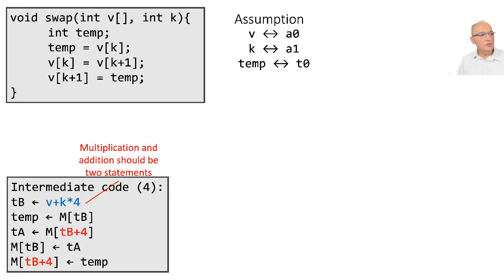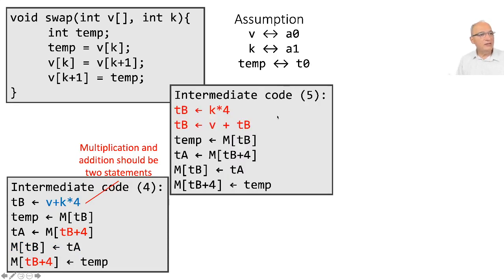So what I'm going to do now is write the value of k times 4 into TB, and then add the value of v to it, to get a new value for TB. I don't need yet another different temporary variable, although I could, because this is a very local computation and I can reuse the same temporary TB.